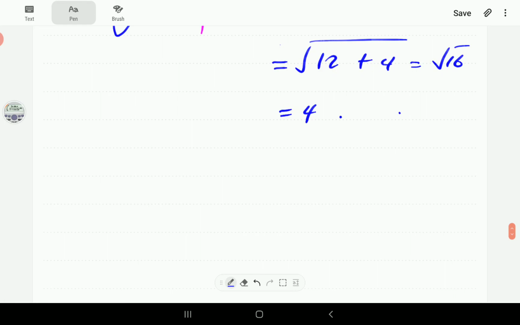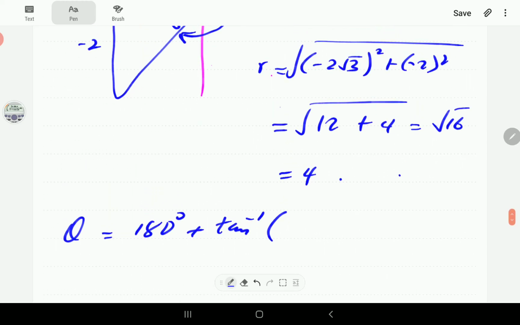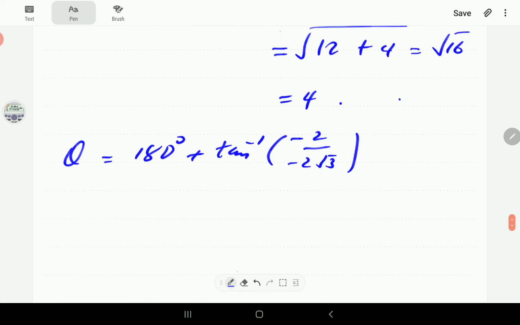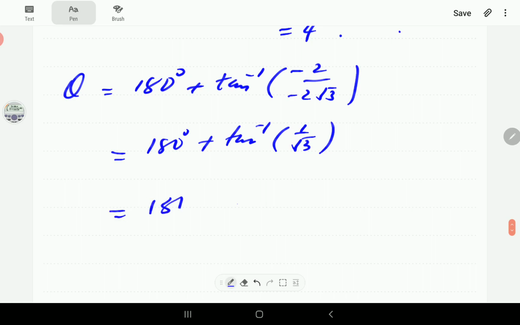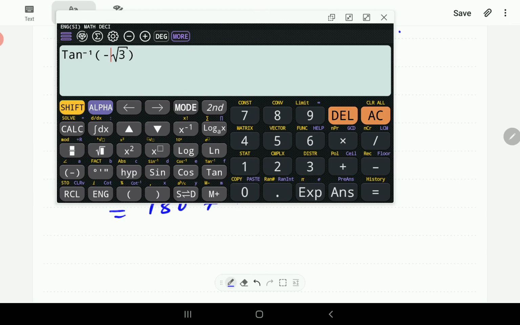Then for the argument, we're going to have 180 plus inverse tangent of y over x. So this is 180 degrees plus inverse tangent of 1 over root 3. Then if we plug in inverse tangent of 1 over root 3, 1 divided by root 3, that gives us 30 degrees.